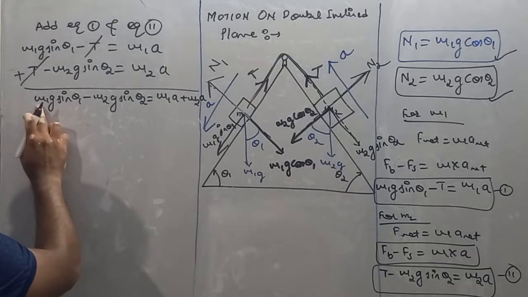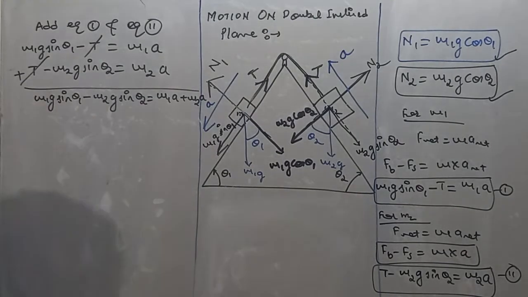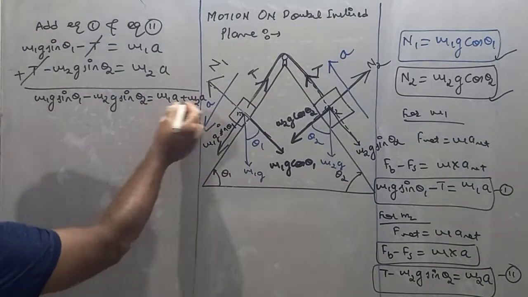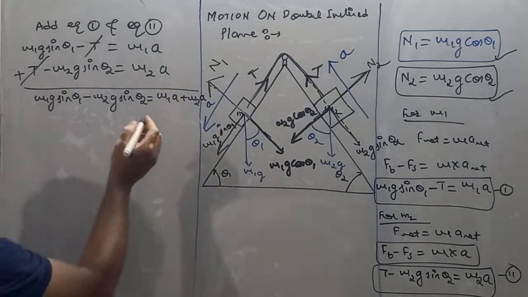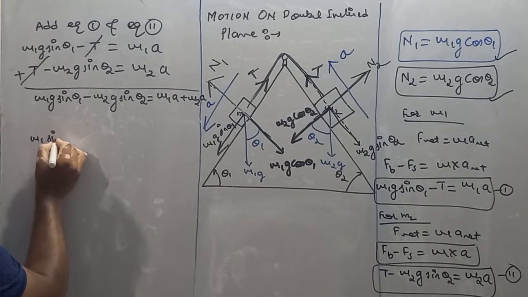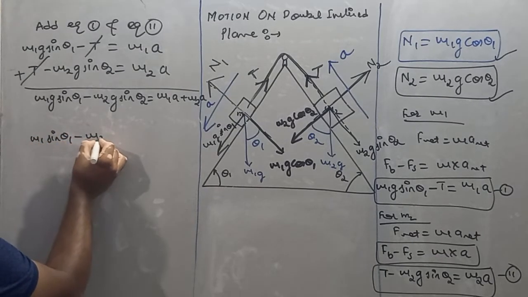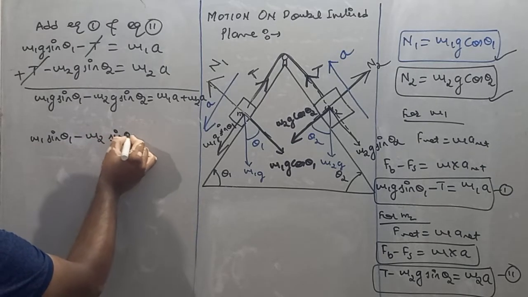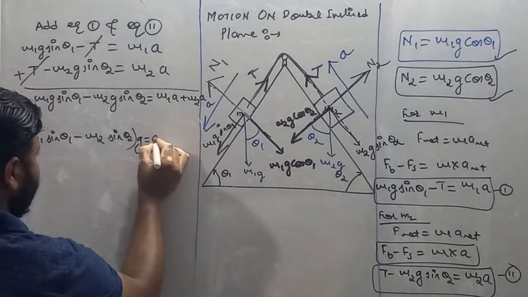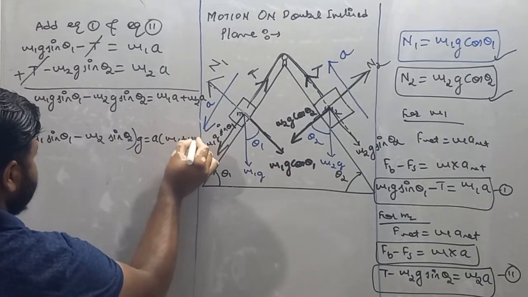Now see, g is considered to be constant, and from here a is common. So what we'll get? m1 sin theta 1 minus m2 sin theta 2, into g, is equal to a times m1 plus m2.